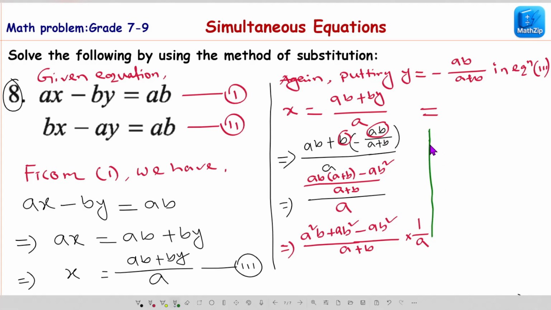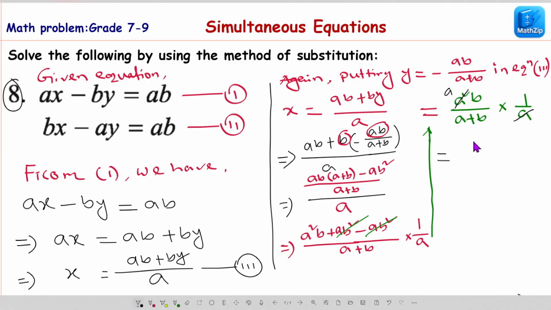Okay, so here is ab square plus ab square minus ab square out. So here is a square b divided by (a plus b) times 1 by a. So here is a square and here is a, it will become a.